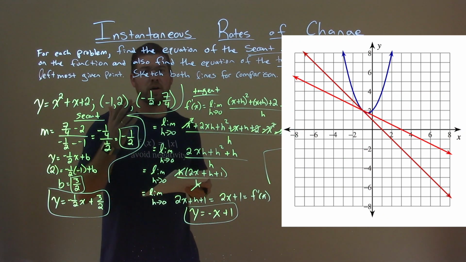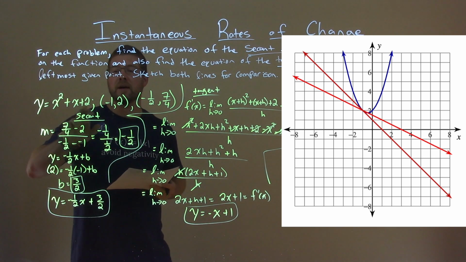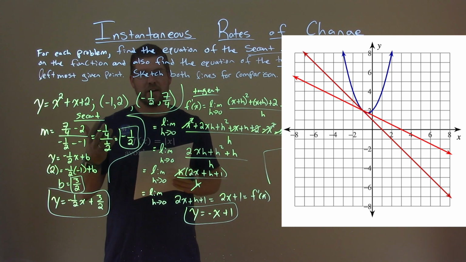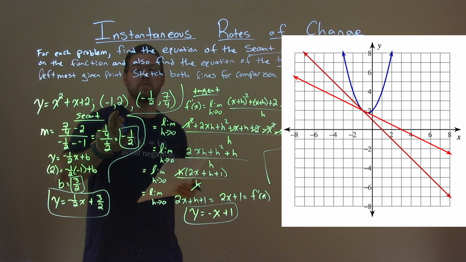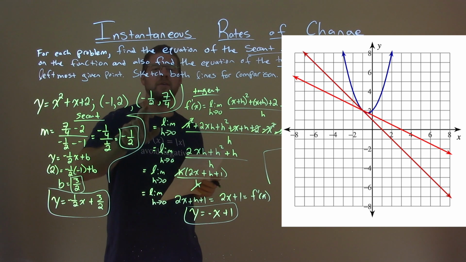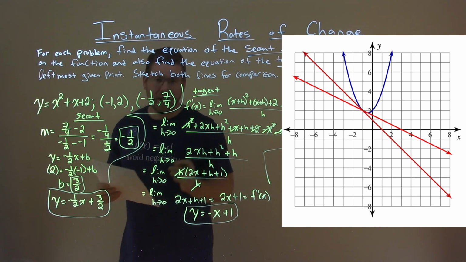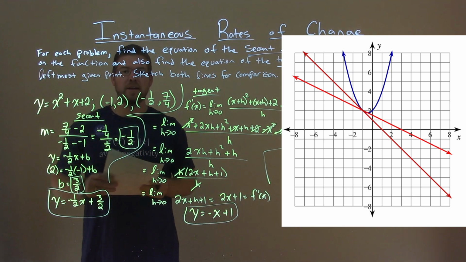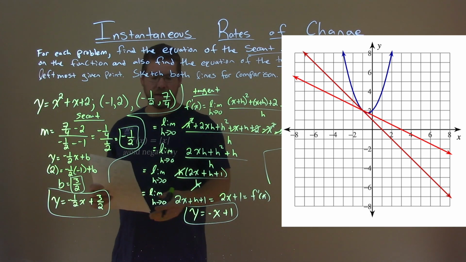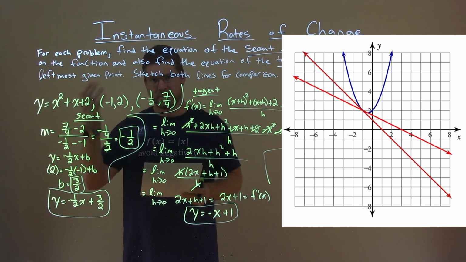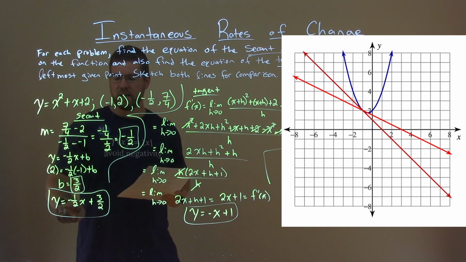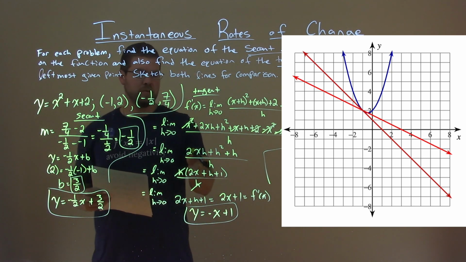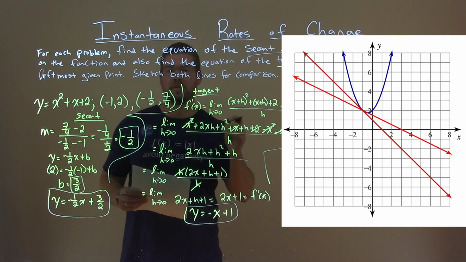Well, we can see our equation, x squared plus x plus 2, and what we have is the secant line between the points (-1, 2) and (-1/2, 7/4), as well as the instantaneous rate of change at the tangent line at (-1, 2). To sum it up, our secant line is y equals negative 1/2 x plus 3/2, and our tangent line is y equals negative x plus 1.